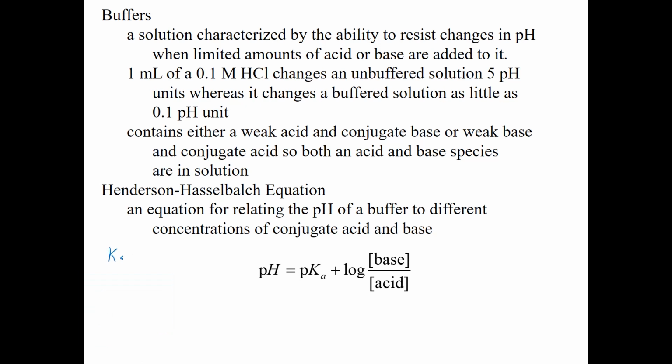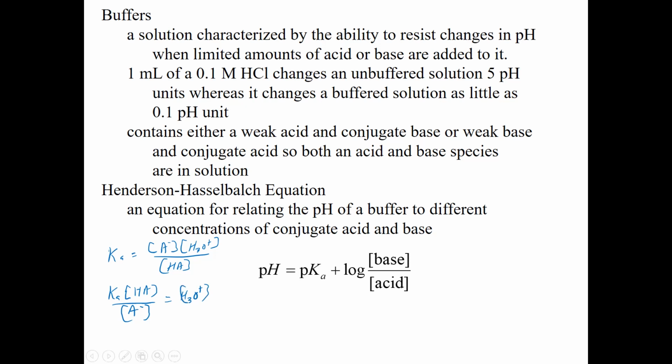Ka is equal to A minus times H3O plus over HA. If I solve this for hydronium, I end up with Ka times HA divided by A minus is equal to hydronium.